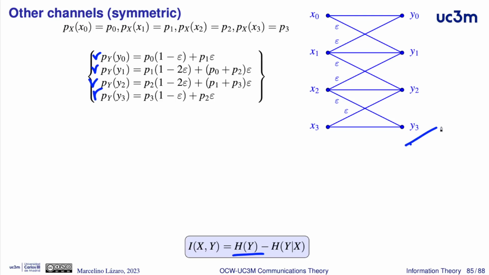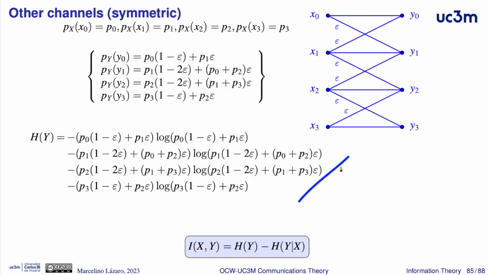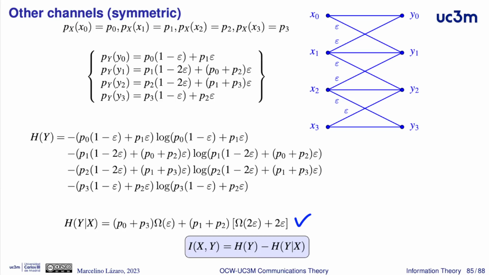It is straightforward to obtain these probabilities using the trellis representation of the channel. And once we have these four probabilities, we have the addition of minus each probability times the logarithm of the corresponding probability. And we get straightforwardly this expression here. And now here we have a reminder of the previous expression for the conditional entropy of y given x.